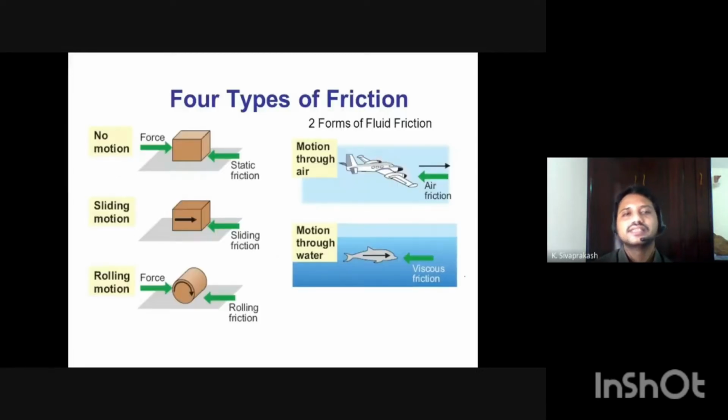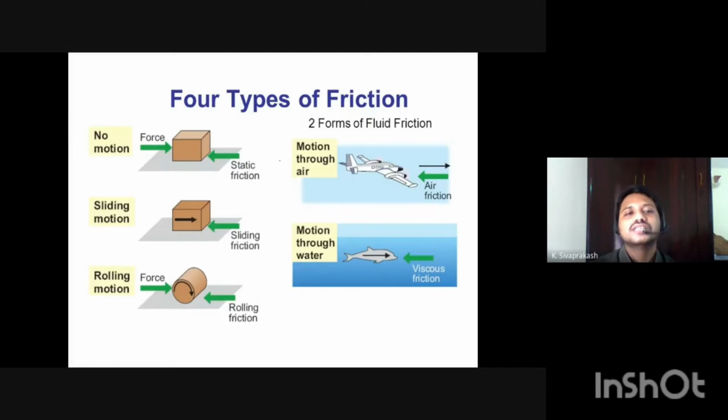Sliding friction is when a body slides over another body, and the friction developed by the body is known as sliding friction. Rolling friction is when a body rolls on another surface, and the frictional force developed by the body is known as rolling friction.